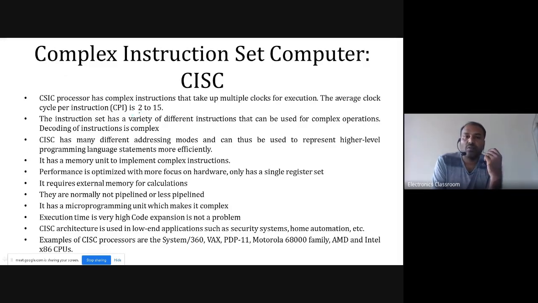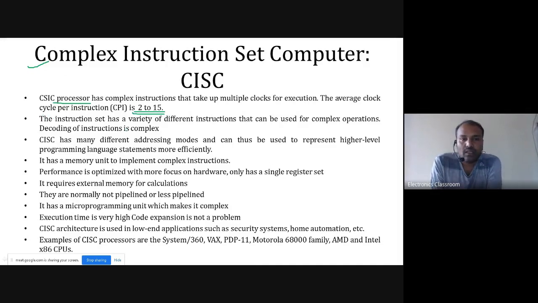Those processors will take a vast number of clock cycles, so those are very complex in execution. The key characteristic of a complex instruction set computer is that the instructions take multiple clocks for execution.